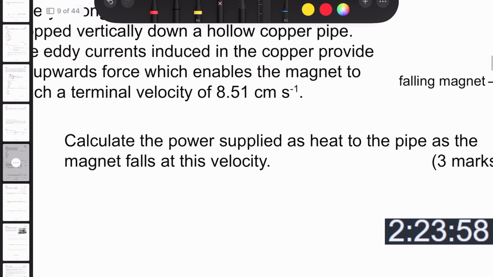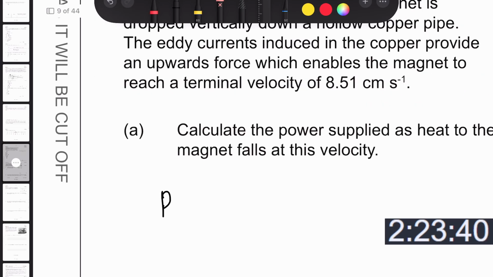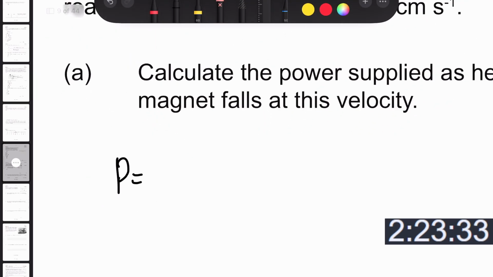Power. So then, second, power is equal to, what's the actual power formula?